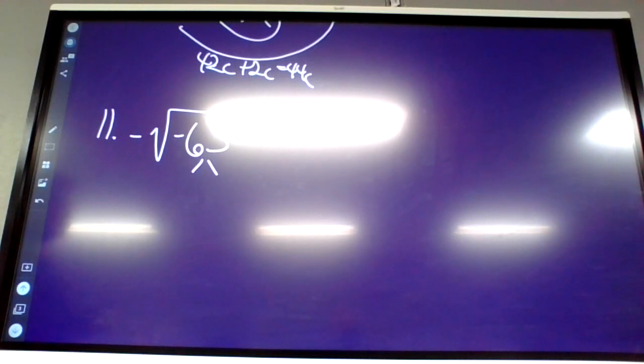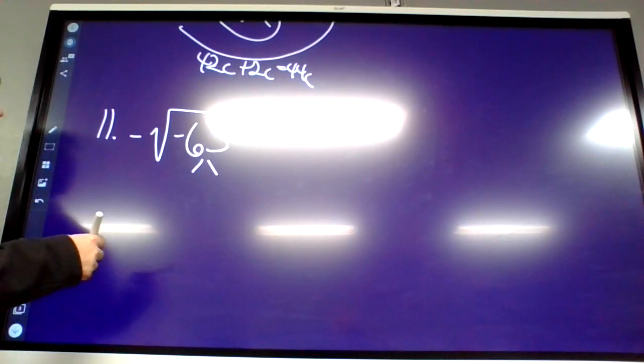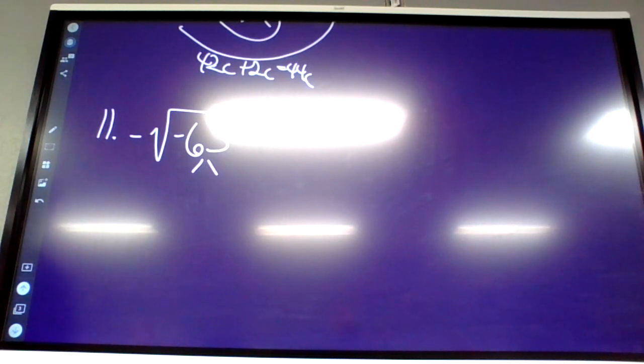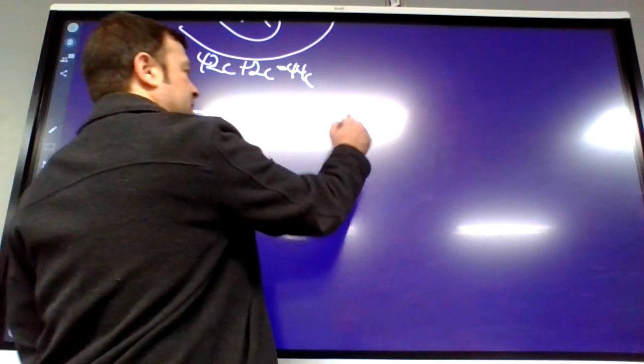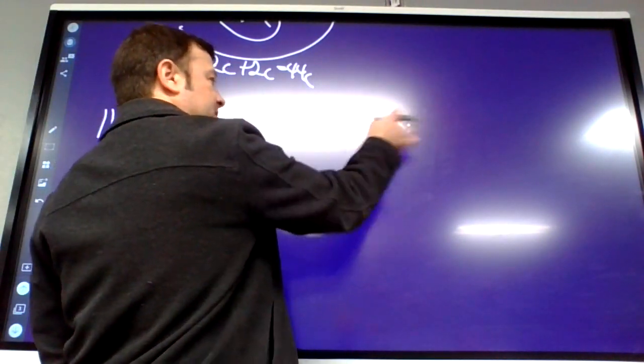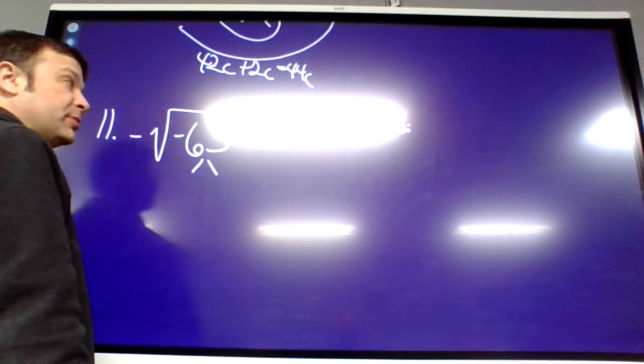You guys recall this? How do you find the i on the calculator? On the white one, you hit shift and then the ENG. And your calculator needs to be in complex mode if it's not. Mode, complex. Complex numbers are just like negative 2 plus 3i. It just means there's an imaginary number in there.